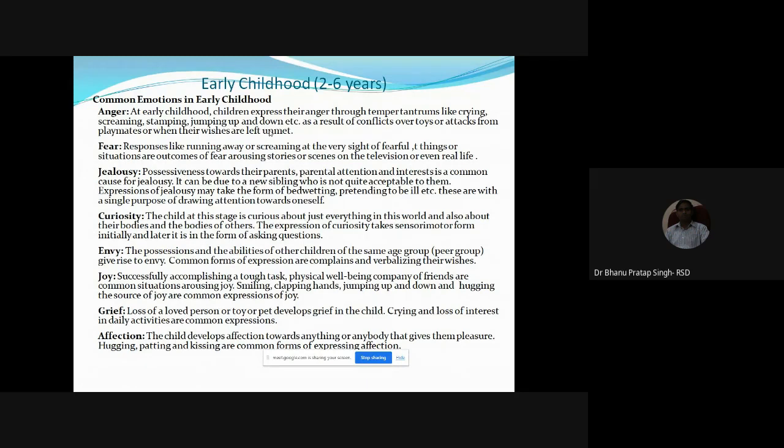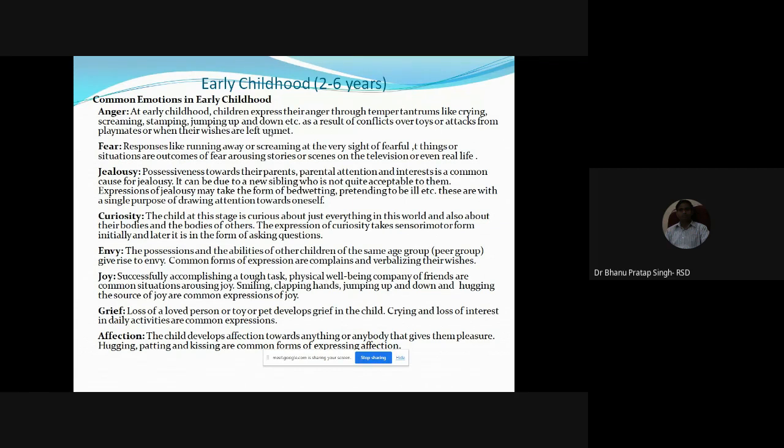Further, the child may have the emotion of fear. Fear is important, with responses like running away and screaming at the very sight of something fearful.